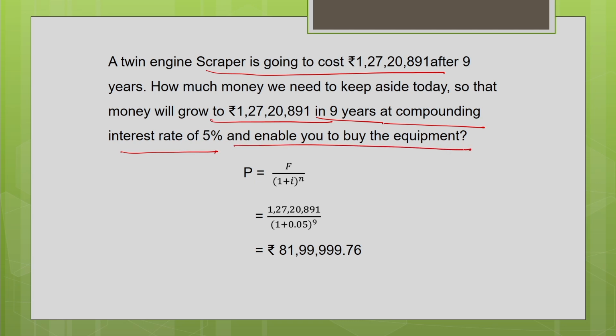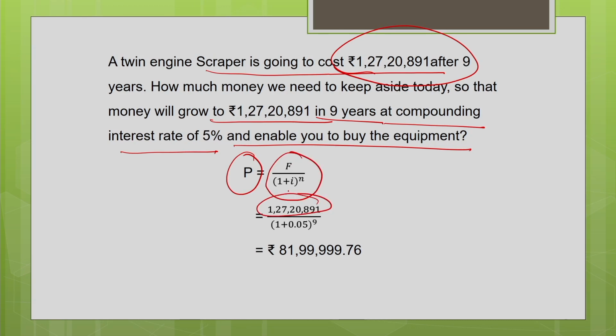So, you know the future value of the equipment after 9 years. How much money should I deposit now in the bank at a compounding interest rate of 5% for 9 years, so that at the end of the 9th year I will be able to buy this particular equipment? How to plan for that? We are going to find the present value. It is nothing but F divided by (1 plus i) per n.